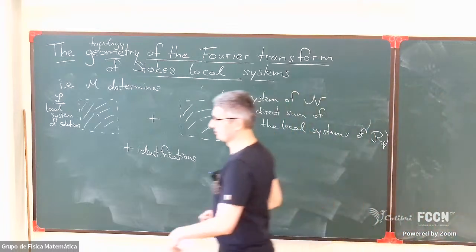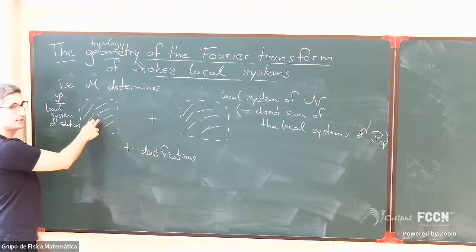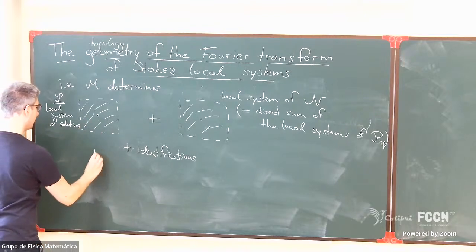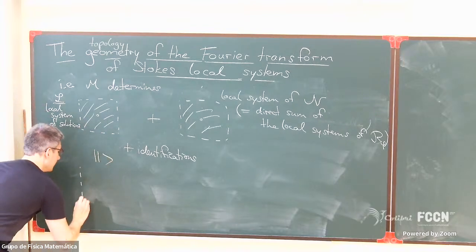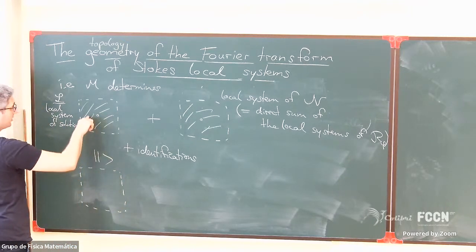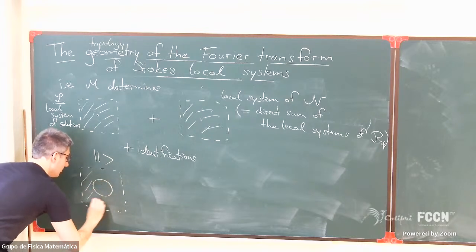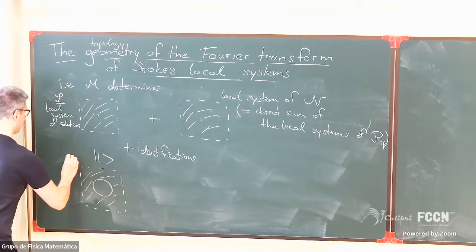So we do some topology again. Well, this is a local system on the punctured plane. I can also consider it, if you want, I can make this circle or this puncture here a bit bigger. So it is the same as a local system on a space like this.